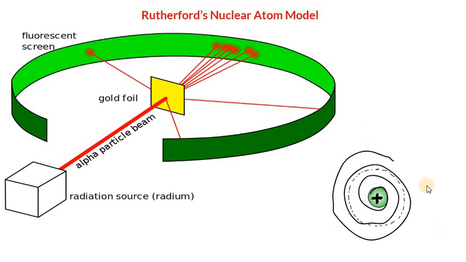But Rutherford postulated that in an atom, electrons continuously radiate energy. If it continuously radiates its energy, its energy will decrease, and finally it will come to the nucleus and vanish.